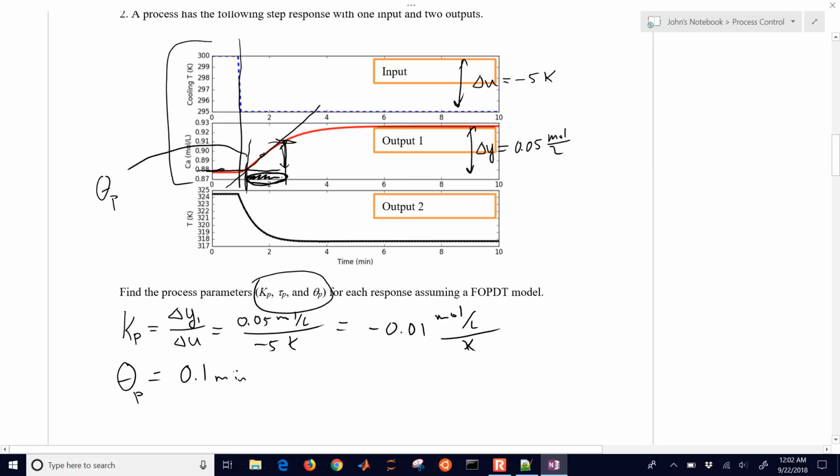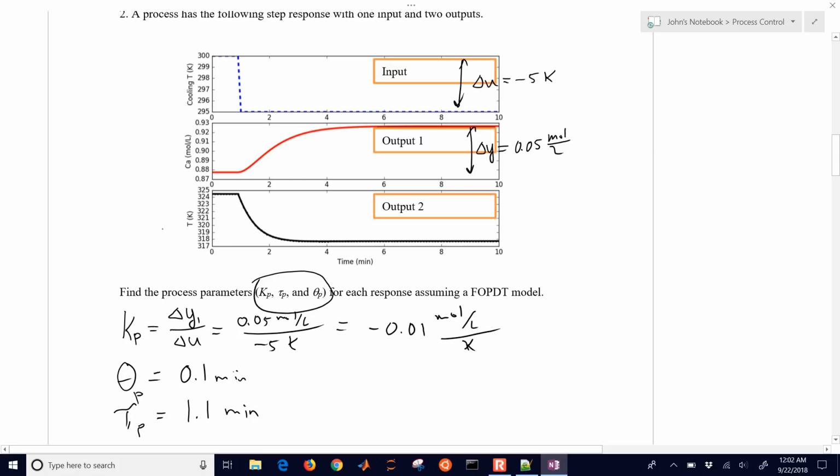After the dead time stops and you start moving up, that's going to be the time constant. So my time constant is going to be about 1.1 minutes. So there I have a process model, Kp, theta p, and tau p for this, for the concentration.